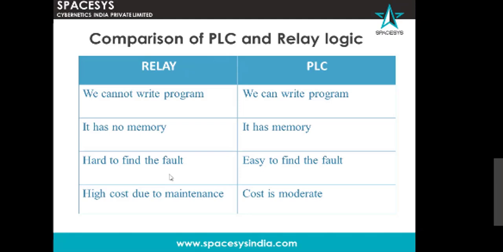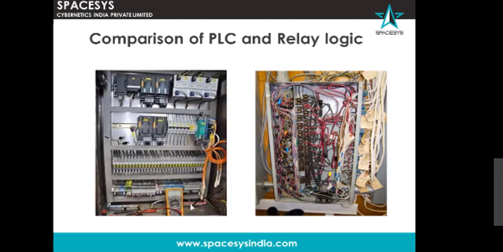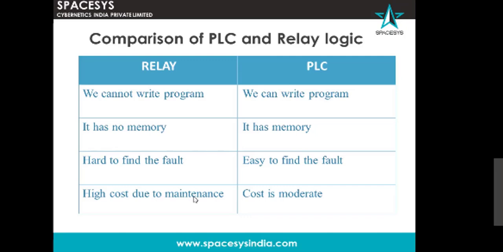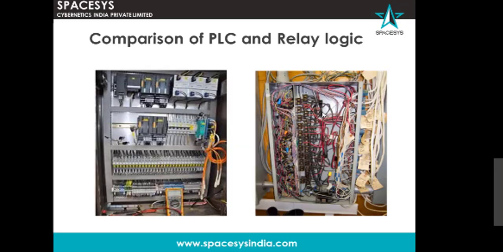So PLCs are very economical when compared to relay logic due to easy maintenance, while relay logic is highly costly due to its high maintenance and its requirements for other mechanical devices connected to it. So these are all the differences between them. You can see the complex wiring of a relay logic, and comparatively PLC is smaller in size and very compact.